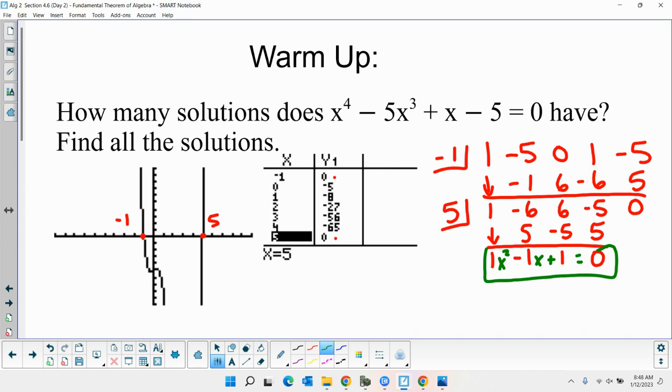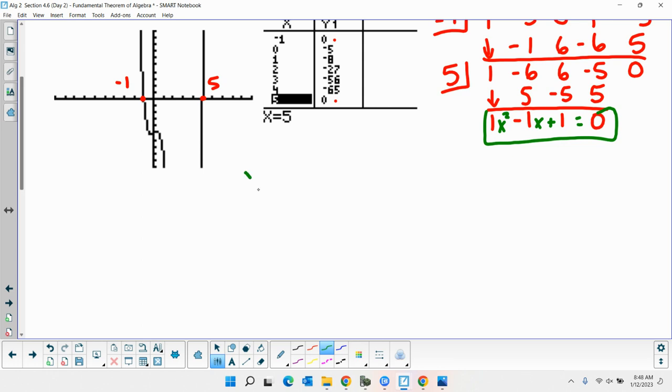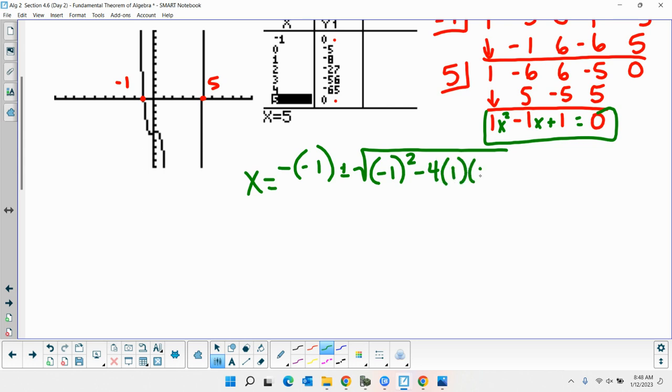Since that's not a 0 for b, I'm going to have to use the quadratic formula to finish this up, to find my 2 non-real ones, all right? So I just do it here. x equals -b, and b is -1, plus or minus the square root of b squared minus 4 times a times c, all over 2 times a.